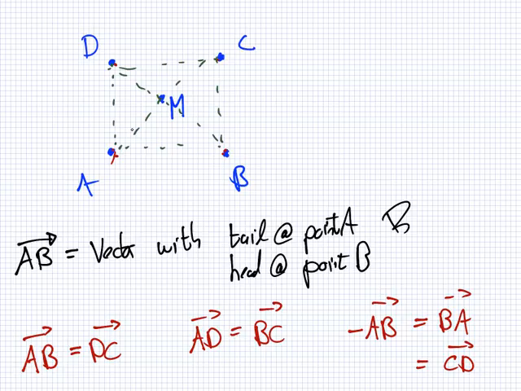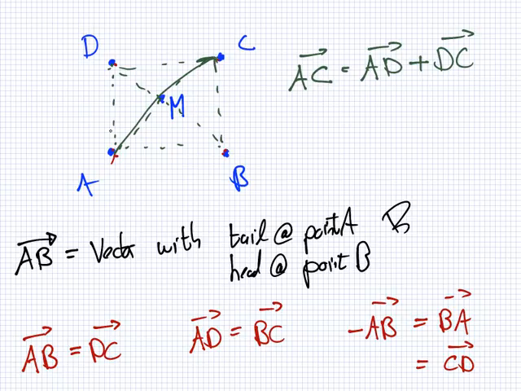Now, this is where it gets more useful and more interesting. You could say something now like AC is the same as AD plus DC. That you could say that this vector is the same as this one plus this one.